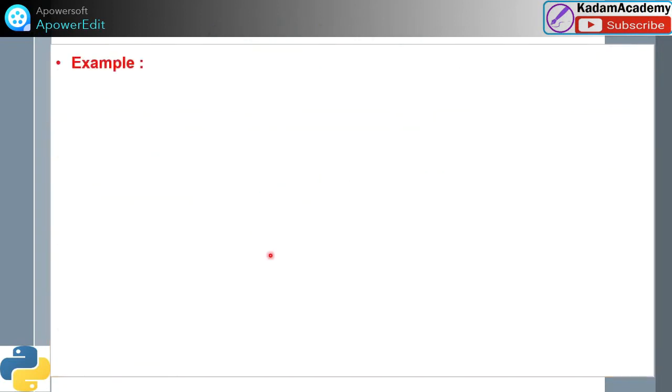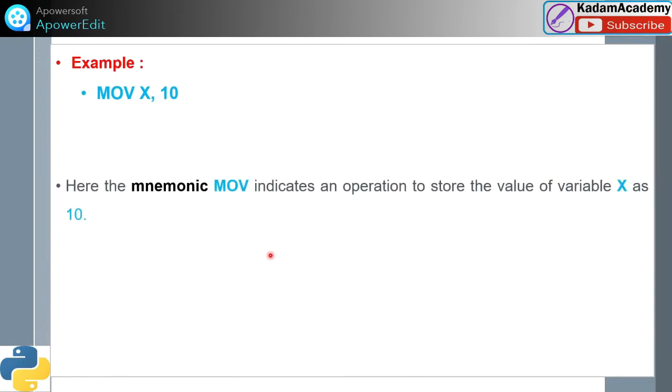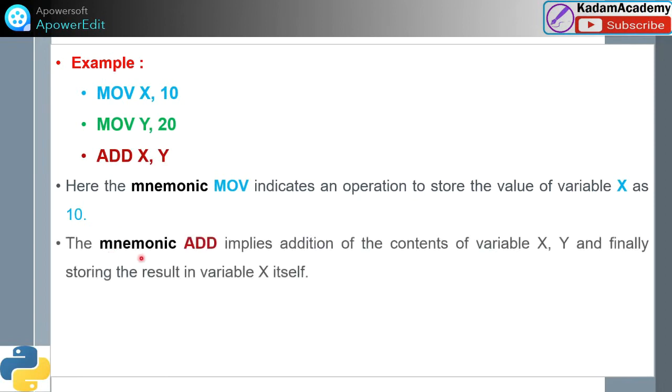See here. This example, MOV X, 10, means what? Here the MOV indicates an operation to store the value 10 in variable X. Next, Y as 20, and add X and Y. So this ADD implies addition of the contents of variables X and Y, and finally storing the result in variable X itself.